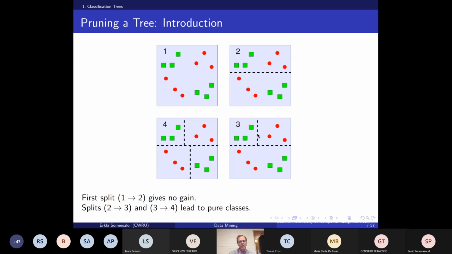However, if you look at the subsequent splits, we go to 3 and 4, you see that the subsequent splits are making all the leaves pure. And so this is an example where one split may not help you at all, but the splits that come after are doing a perfect job here.